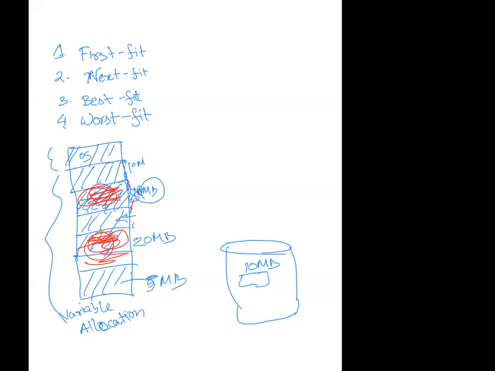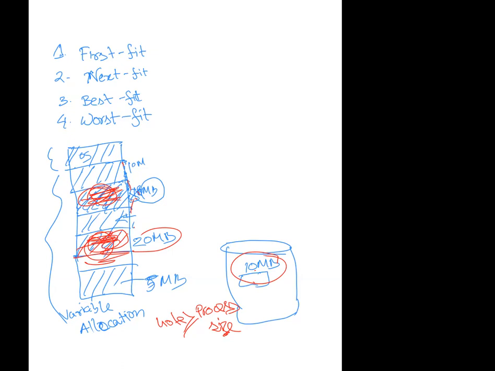The hole size should be greater than or equal to your process size. Then it can allocate the memory for this process. Otherwise, it cannot. So it moves forward, and here it will find the 20 MB free space and place this process in this hole.